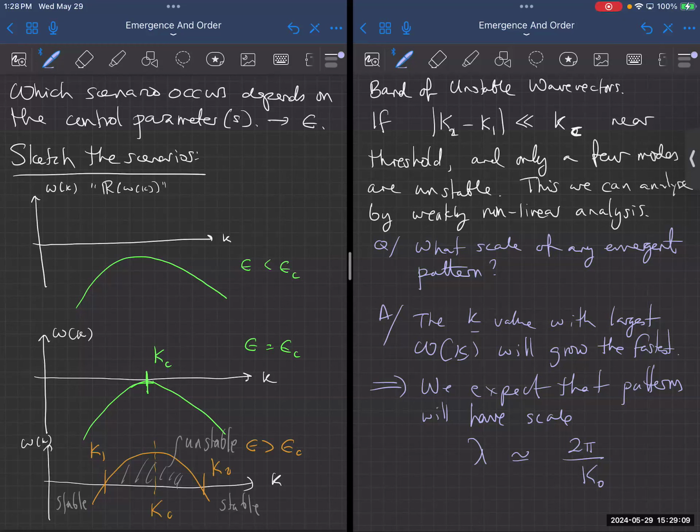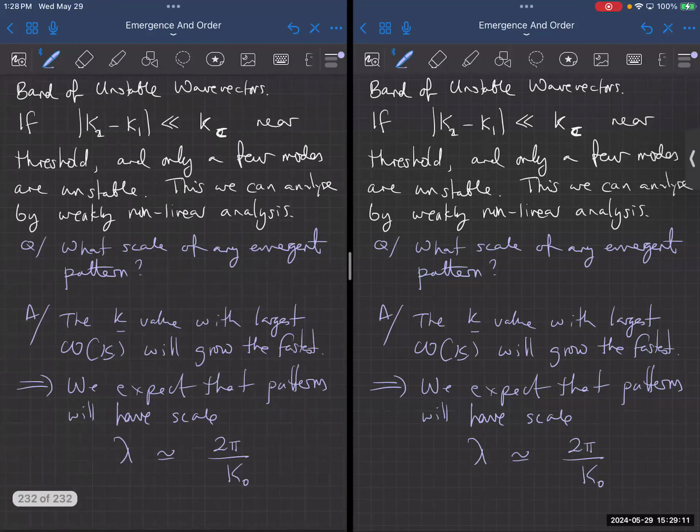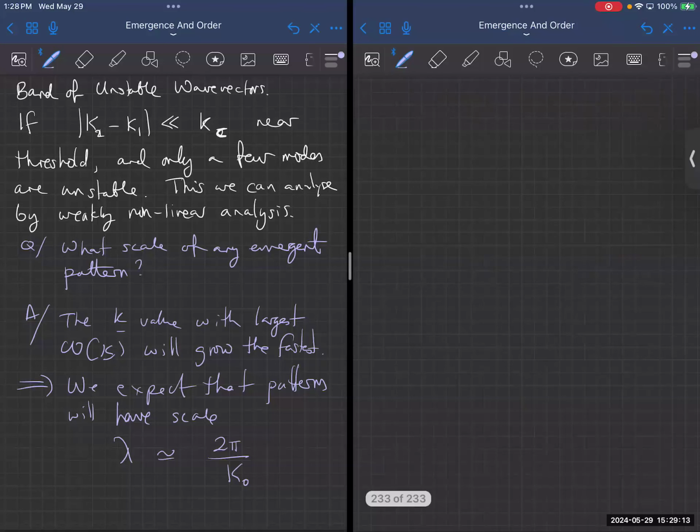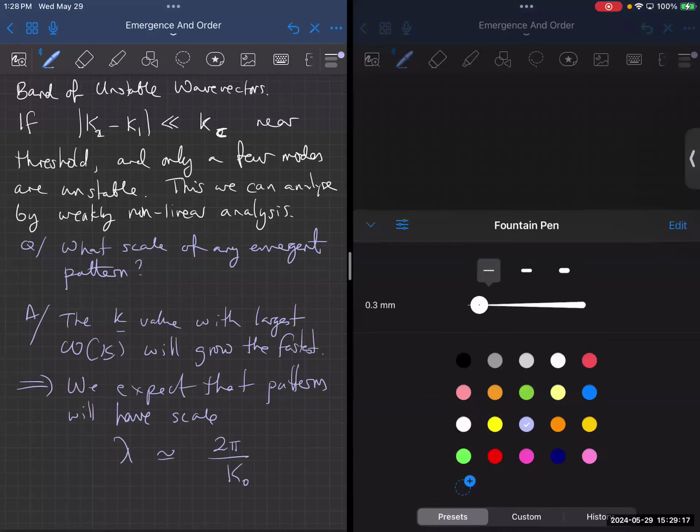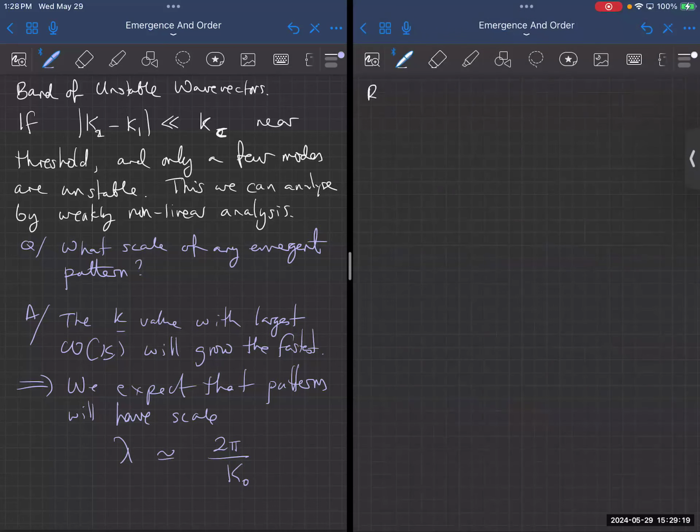Okay, so then our task is to work out the result of this analysis for convection.